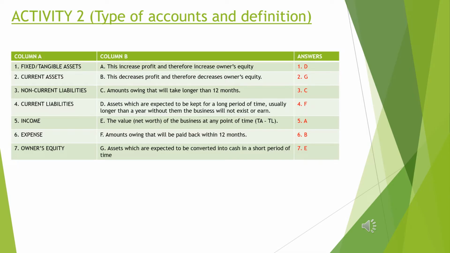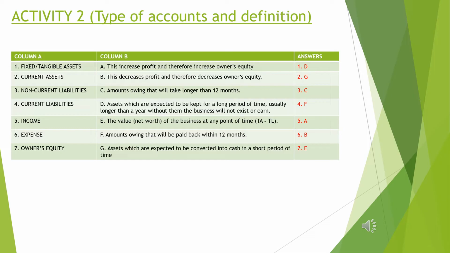So we have covered A and B. Now let us go to column B and try to match C. Amounts owing that will take longer than 12 months. So we are not making a payment here, but we are looking at an obligation, a present obligation.